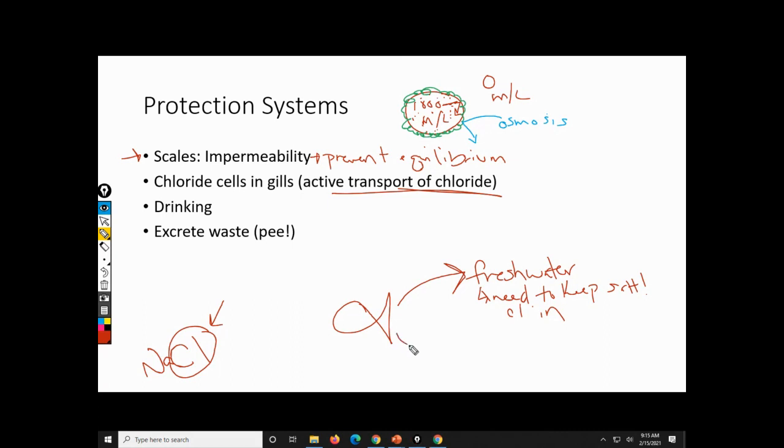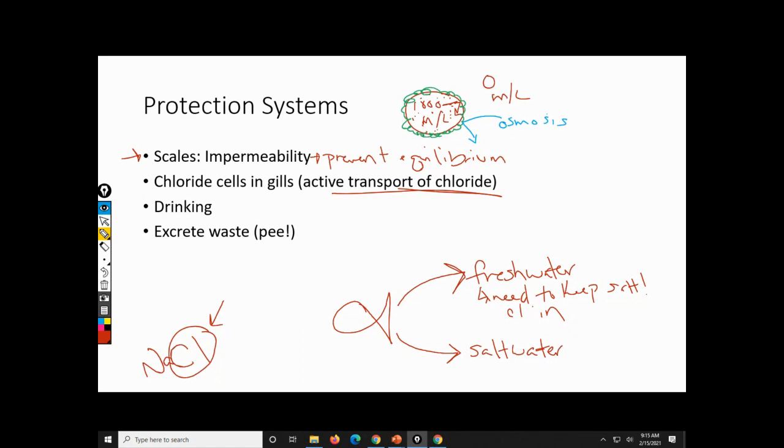Conversely, if we think about this the opposite way, if I'm a saltwater fish, does my body have more or less salt than the space around me? Less, right?